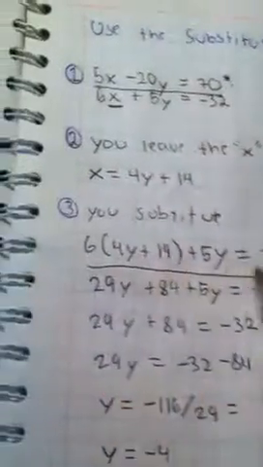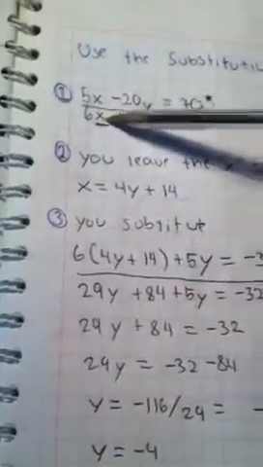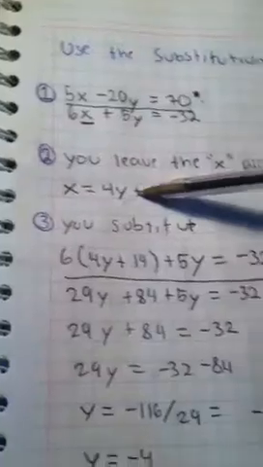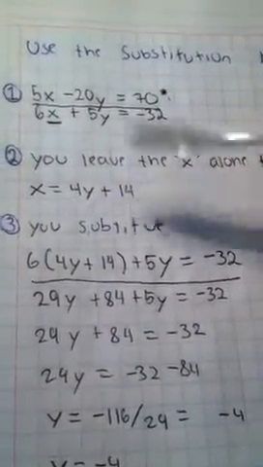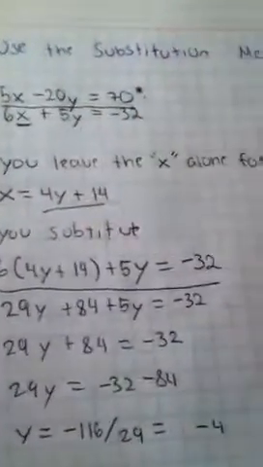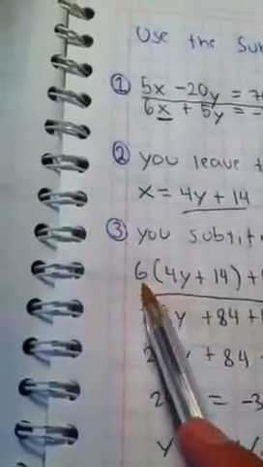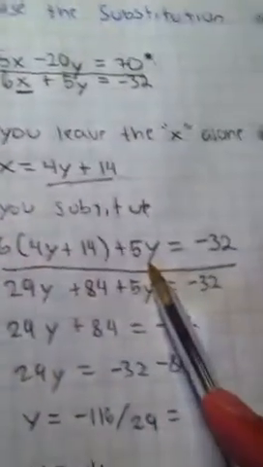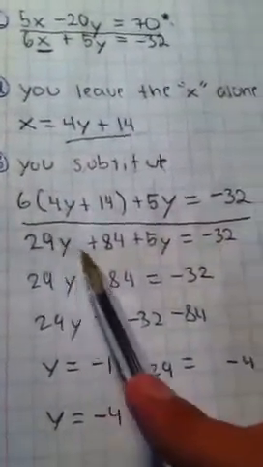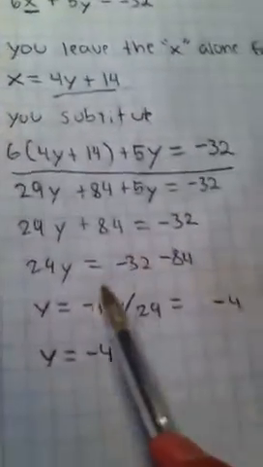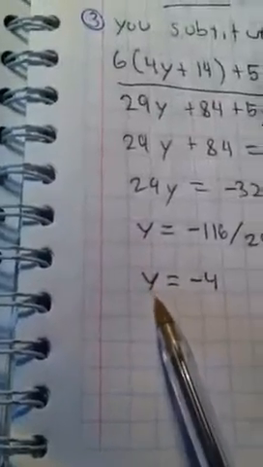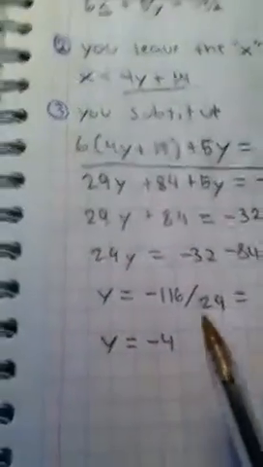When you have this equation, because you substituted the x, you only need to leave alone the y, and with this process the final result is y is equal to -4.